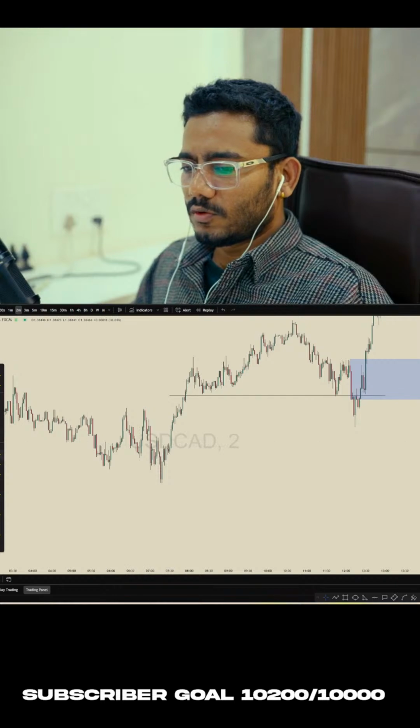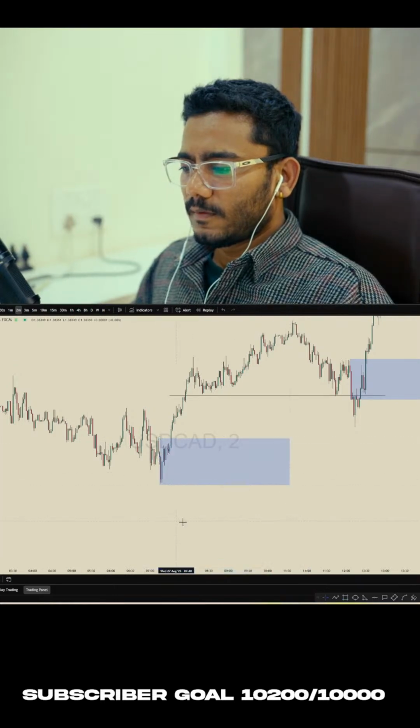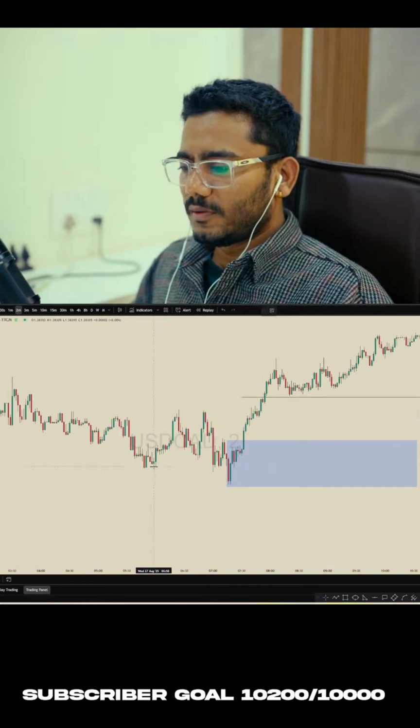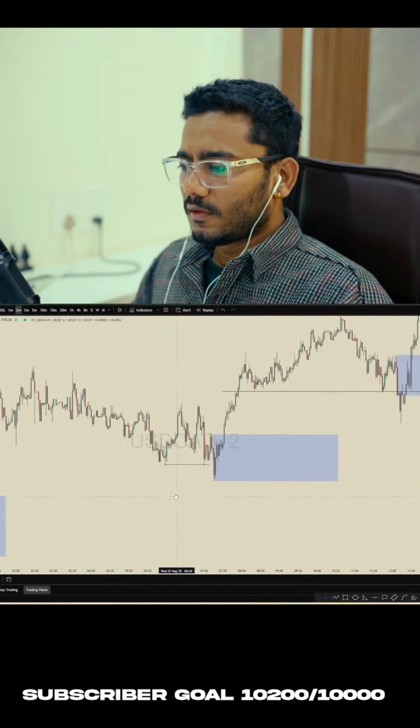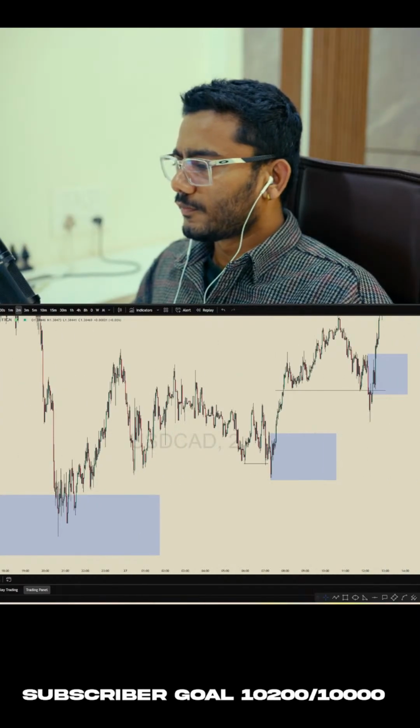There's another order block over here. You can see price took out the previous liquidity and price started to go up from here.